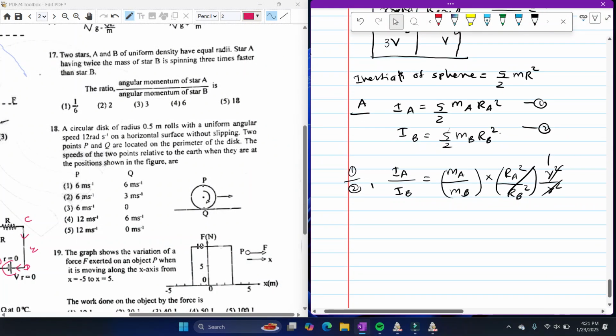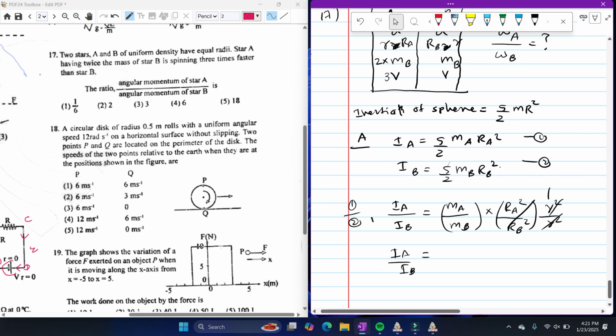So what you are left with is IA divided by IB, and we said there was a difference in the masses. It was said that A is twice MB, so just substitute 2 MB divided by MB. MB cancels off, that means you get the ratio IA divided by IB as 2. This is the relationship you get in here.